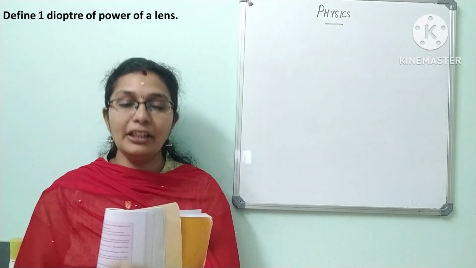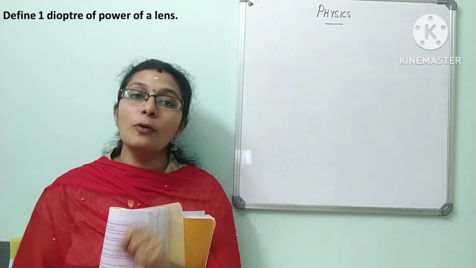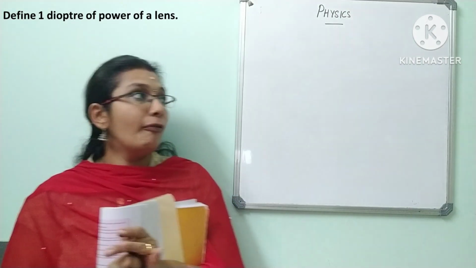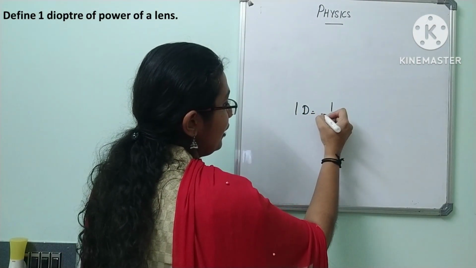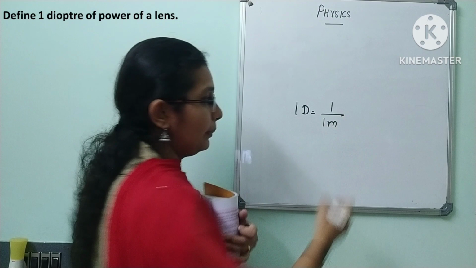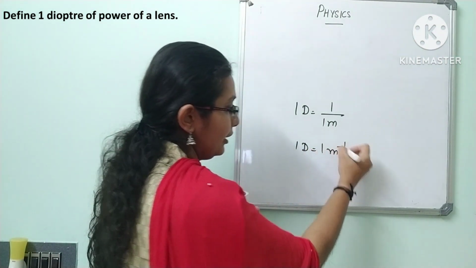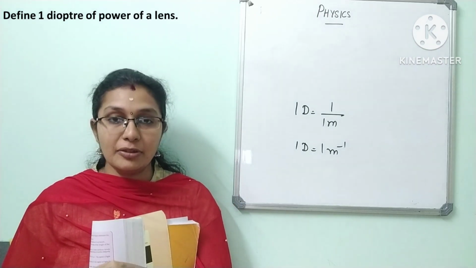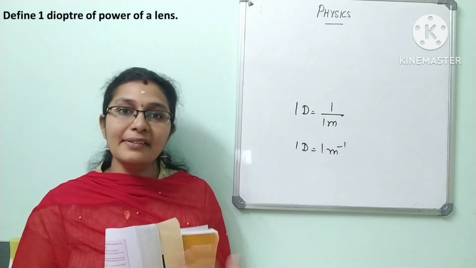So you can define one diopter as the power of a lens whose focal length is 1 meter. So 1 D is equal to 1 by 1 meter, or you can write it as 1 D is equal to 1 meter inverse. This is how you have to define diopter: the power of the lens whose focal length is 1 meter.